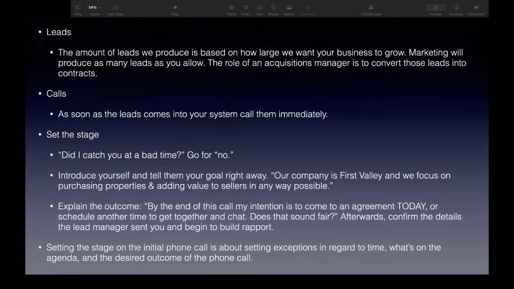And now we're going to get into setting the stage. Setting the stage is so important because this is our verbal stuff. This is what you need to learn. So the first thing I'm going to teach you is how to set the stage.